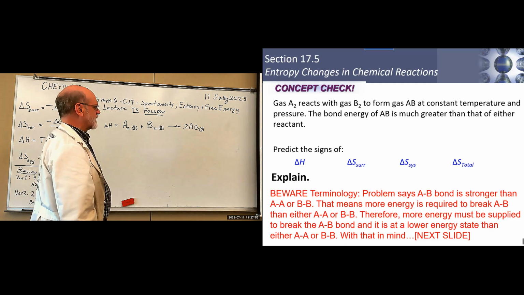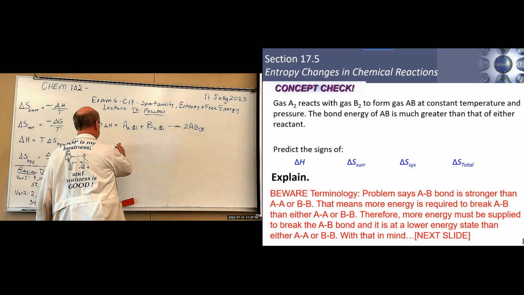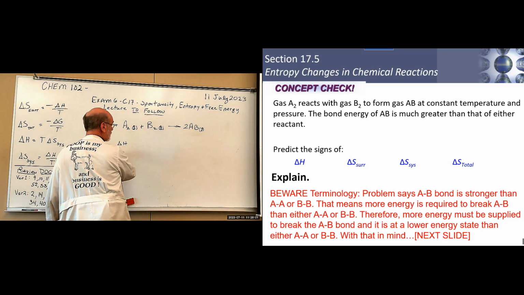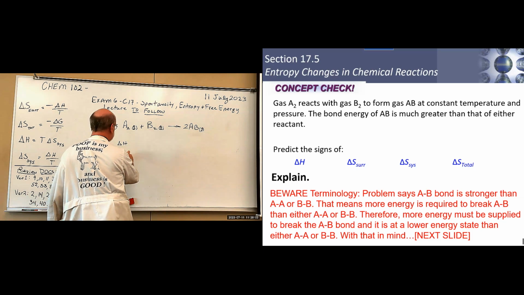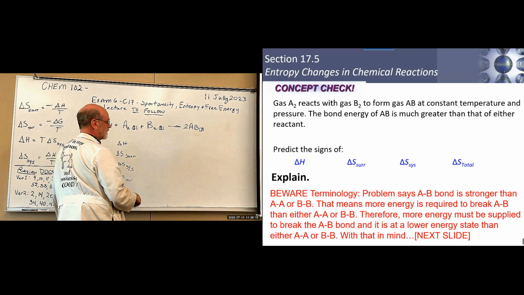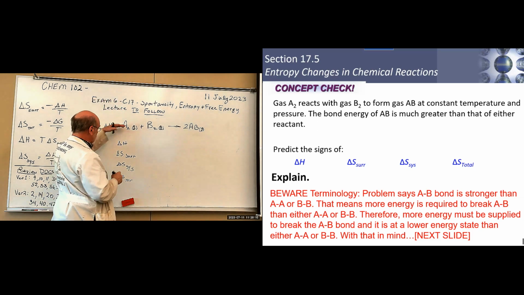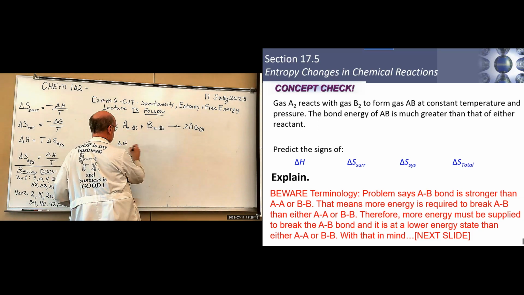So what would be the signs for delta H, delta S surroundings, delta S system, and delta S total? We want to know the signs there. Well, if this is energy going in, this is endothermic, right?